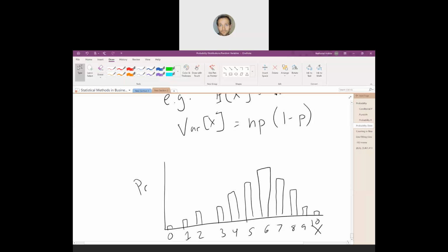He can't hit 2.5 balls. He can't hit 7.2 balls. He has to hit 0 or 1 or 2 or 3 or 4 or whatever balls. So the value that a discrete random variable takes is among some fixed set of numbers.